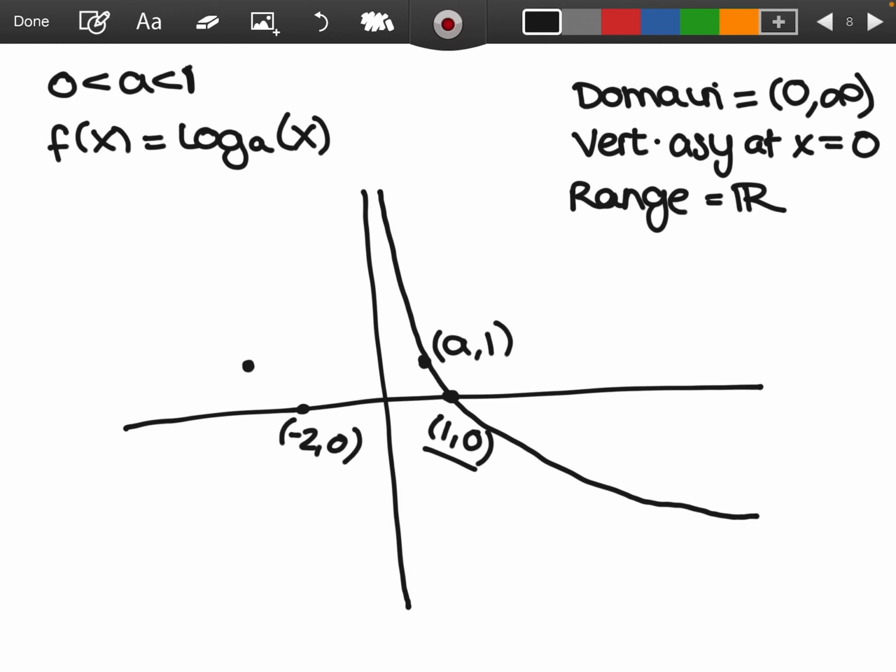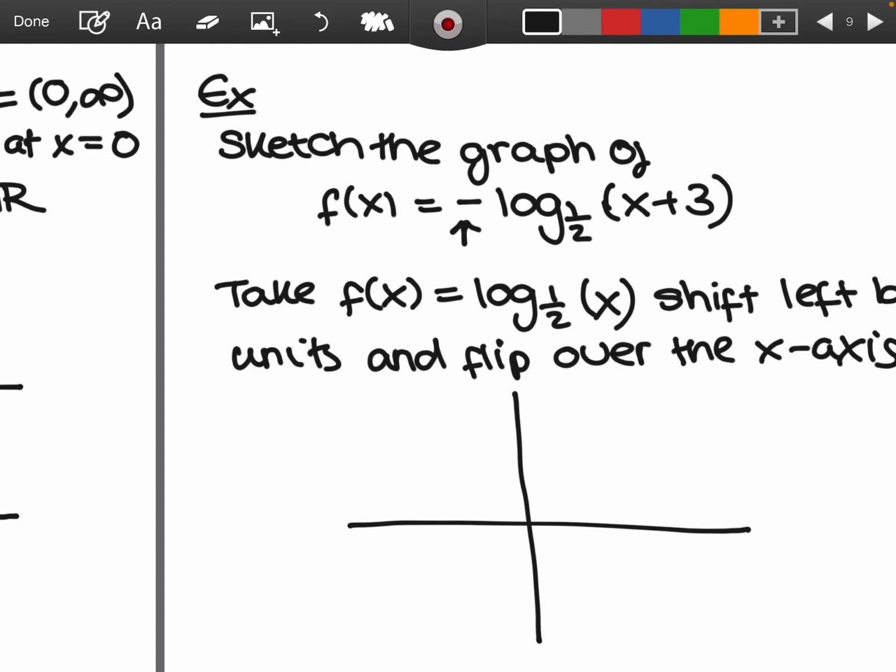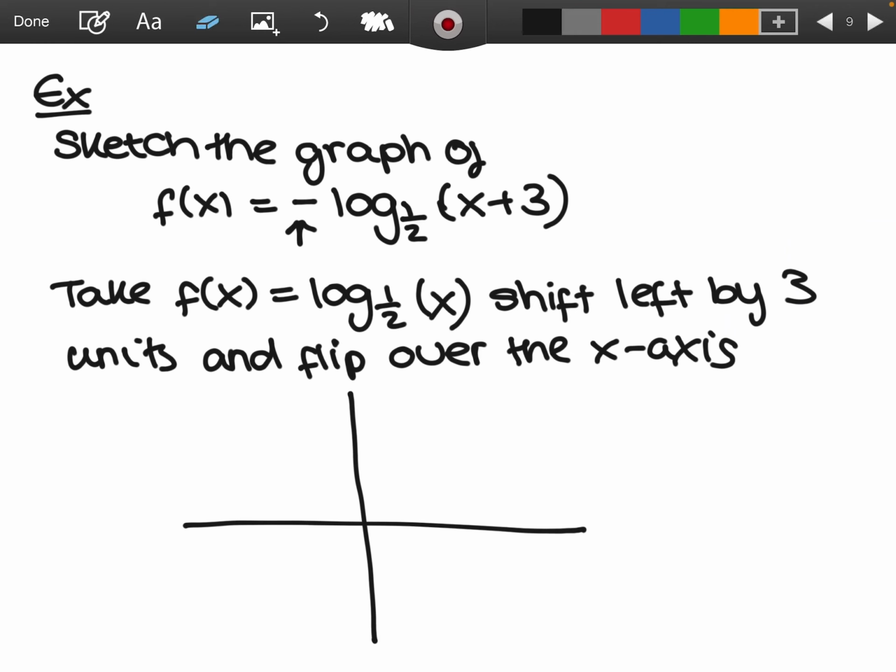My (a, 1) point, that would be (1/2, 1), is again going to shift to the left by 3 units, ending up at (-5/2, 1). And then it's going to be flipped in the x-axis. That means that the point on the x-axis is going to stay where it is, so (-2, 0) stays. This point is then going to flip, going to (-5/2, -1).